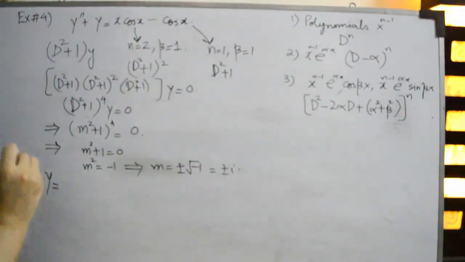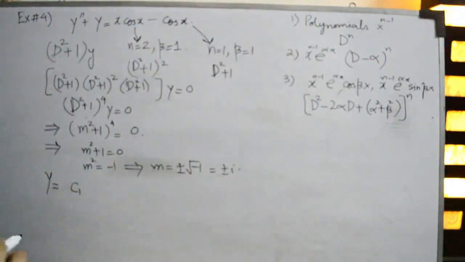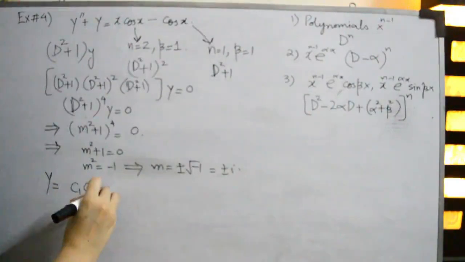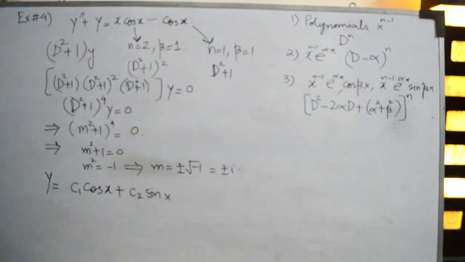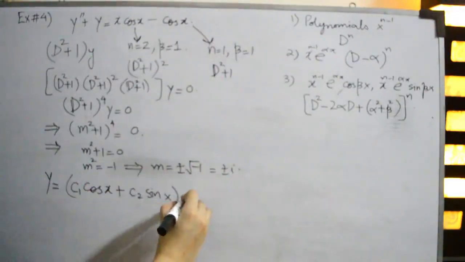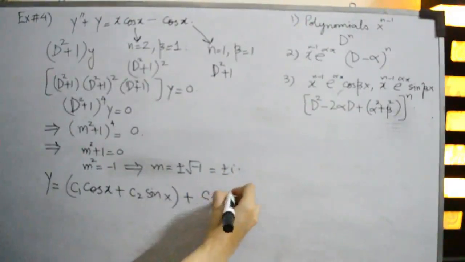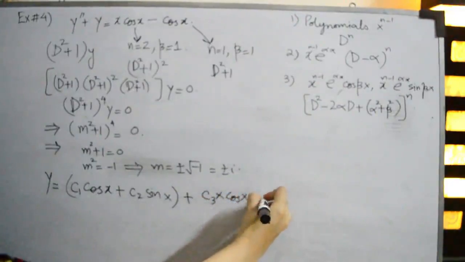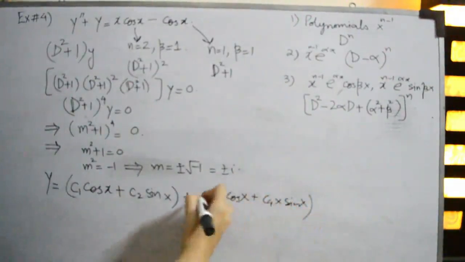So y is equal to c1, there is no exponential function, so cos x plus c2 sin x for the first one. You have to write it 4 times. Plus c3 x cos x plus c4 x sin x.